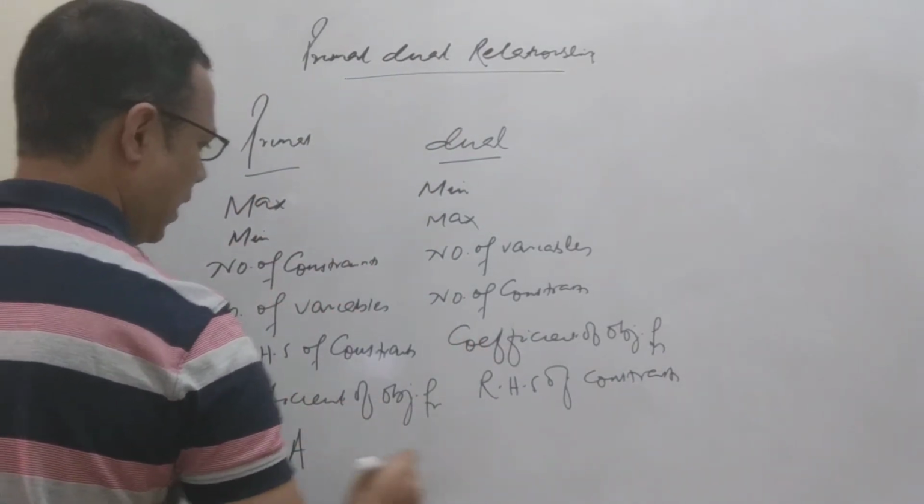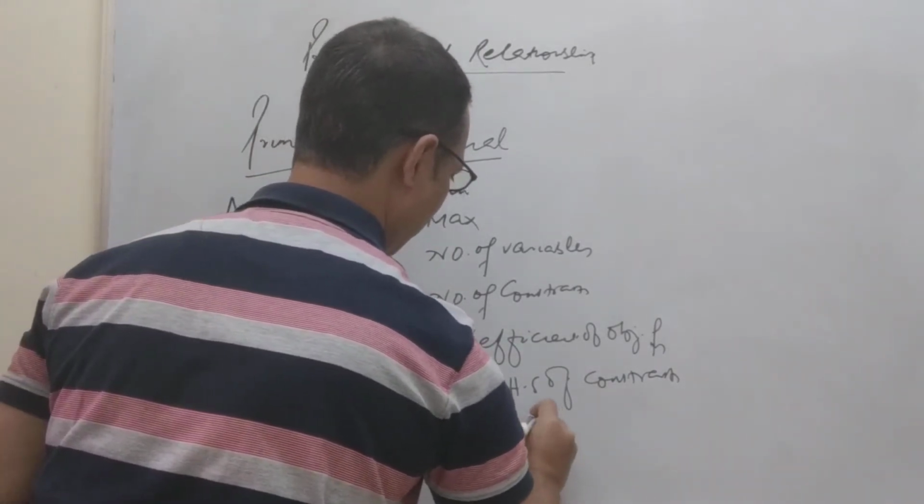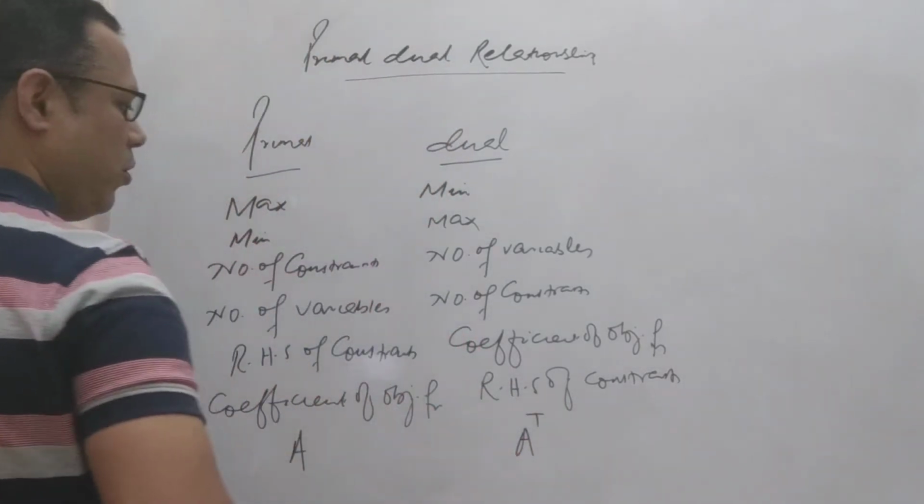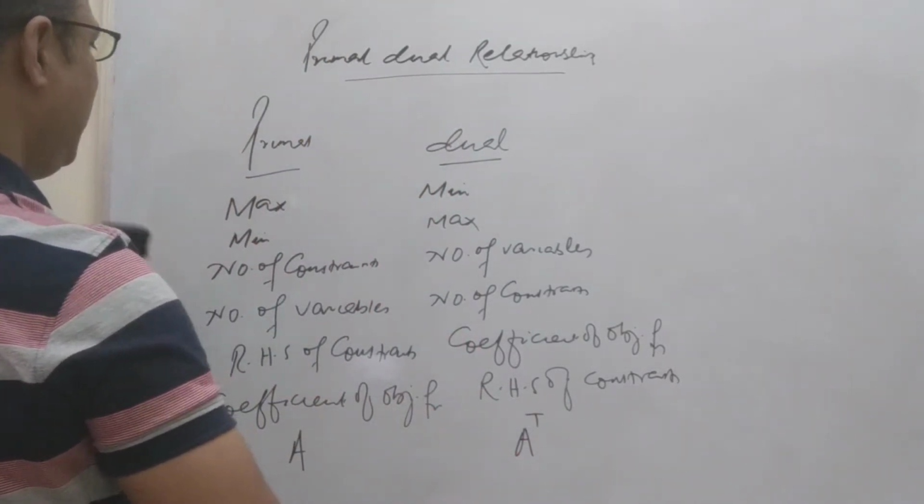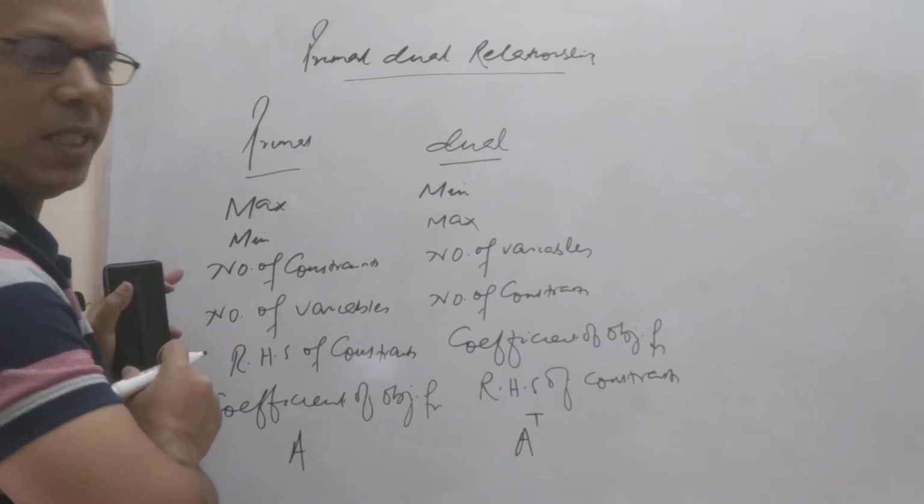And the matrix A, whatever is created by the primal, will get changed into the form of A transpose.